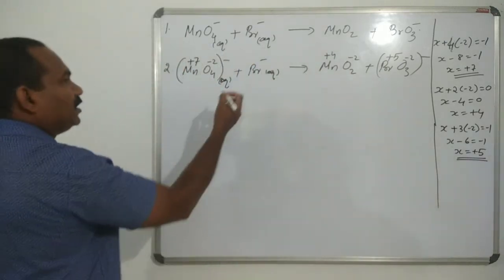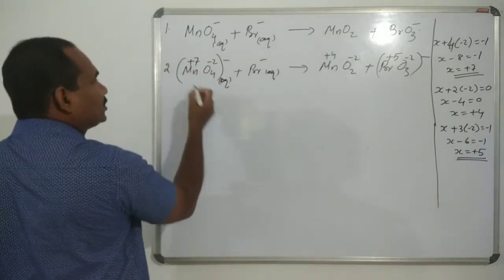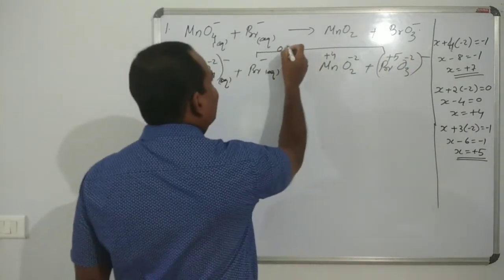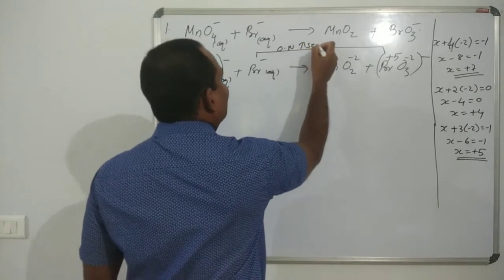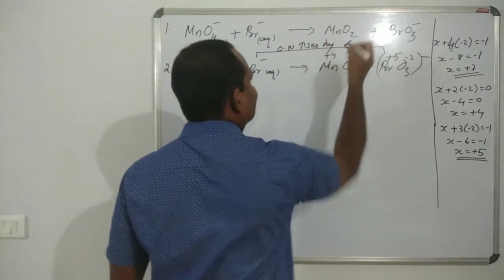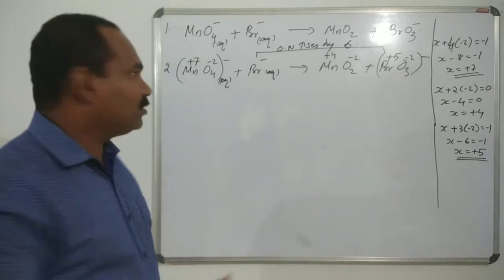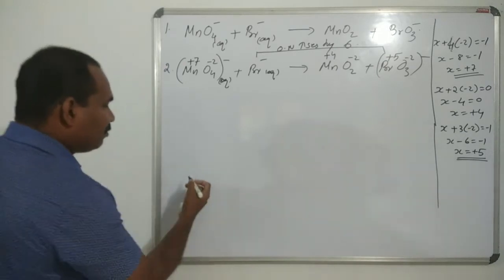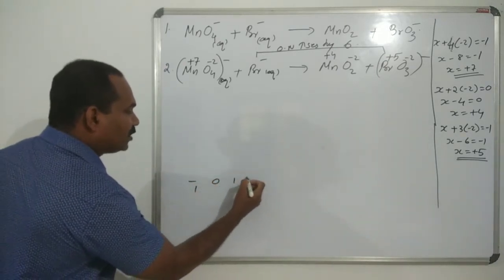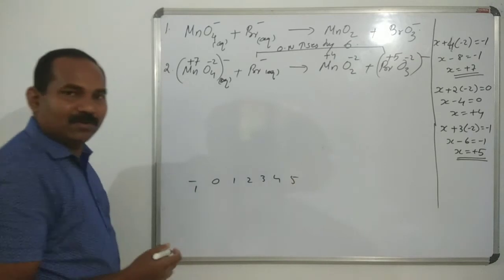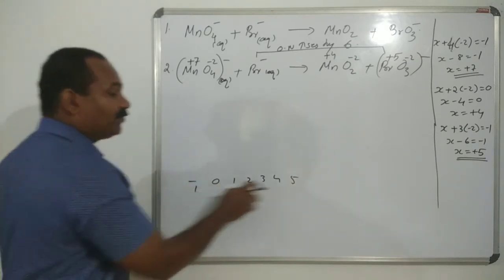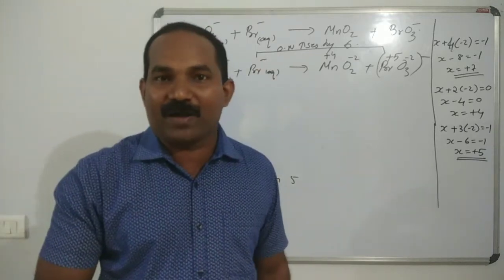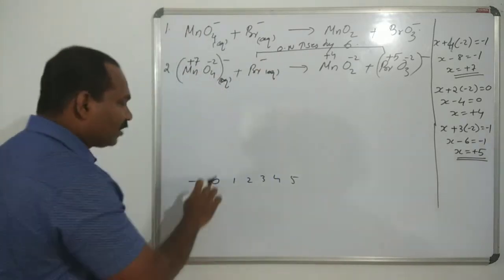That's the matter. Then the change in the oxidation number. Bromine changes its oxidation number; the oxidation number increases by 6. How? Minus 1 to plus 5: minus 1, 0, 1, 2, 3, 4, 5. What is the change? Not 5. Some students write that the oxidation number increases by 5. No. It is not from 0.